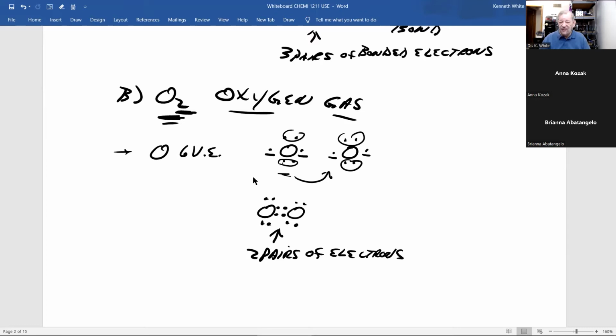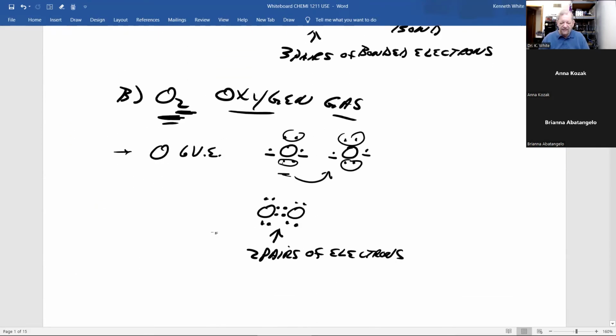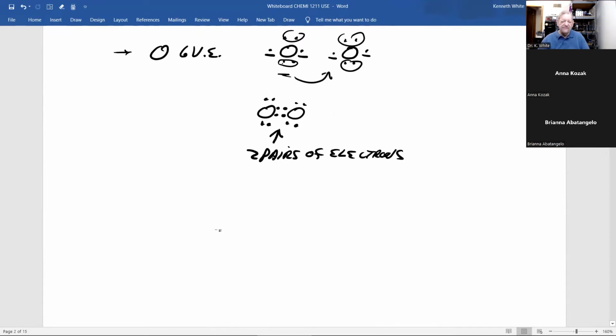And if we go back to our friendly neighborhood chart up here, 2 pairs of electrons, that's a double bond. And that's something you should know how to do.